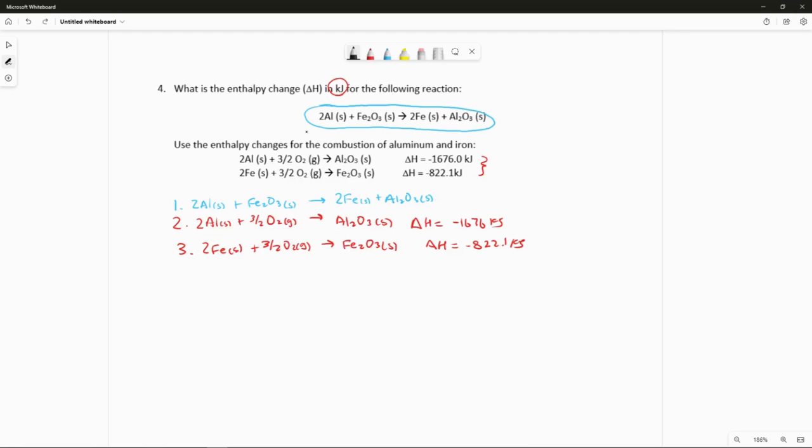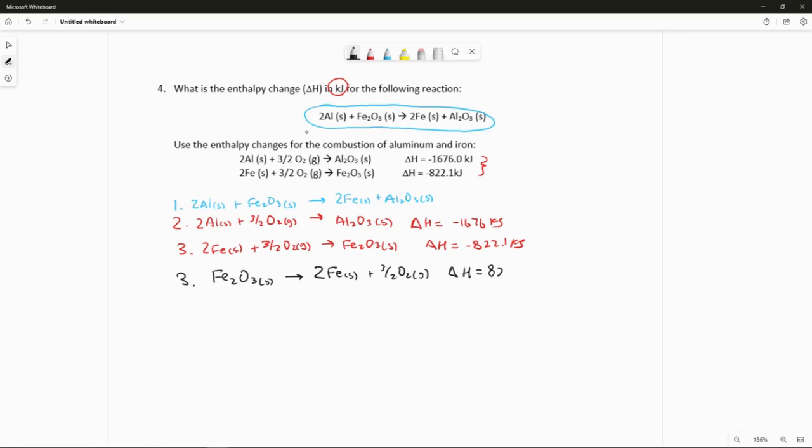All right, let's write number 3. We have Fe2O3 solid, and then the arrow goes back, and we have 2Fe solid plus 3/2 oxygen gas. And since we flipped our equation, the delta H is going to flip signs.